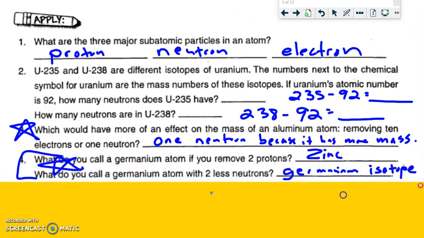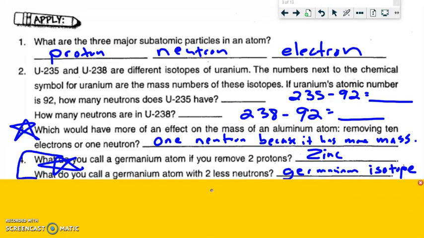Number 4. Nope, I'm sorry, just number 4. It's kind of 2 parts to this. It says, what do you call a germanium atom if you remove 2 protons? Well, if I look on the periodic table at how many protons germanium has, and if I subtract 2, I have a different kind of atom.